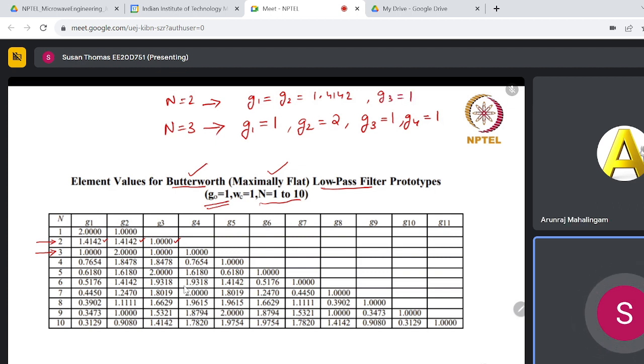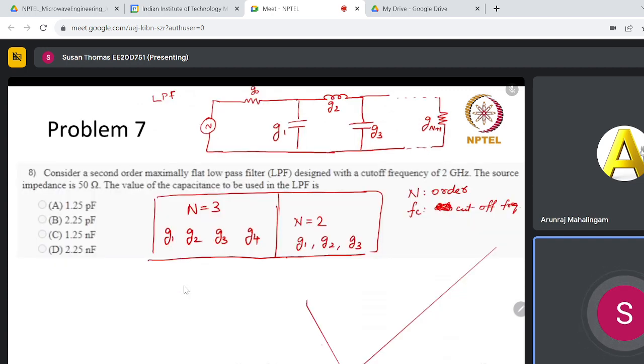I hope this table is clear. So from this table, we will be able to take for any order of the filter what will be the G1, G2, G3, etc. So this table is particularly for Butterworth low pass filter. Okay, that has to be kept in mind.